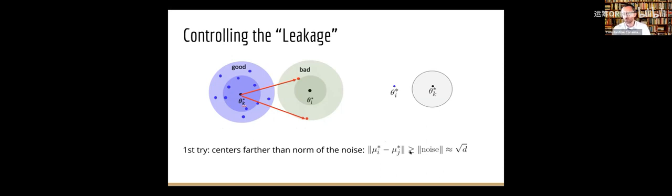Okay, so I'm in d dimensions, variance is 1 in every direction, so the noise is going to be in this shell of radius root d, and we know that we have a very sharp concentration of what a Gaussian in d dimensions looks like. So if I just ask for mu i minus mu j to be bigger than that, then I'm in business.